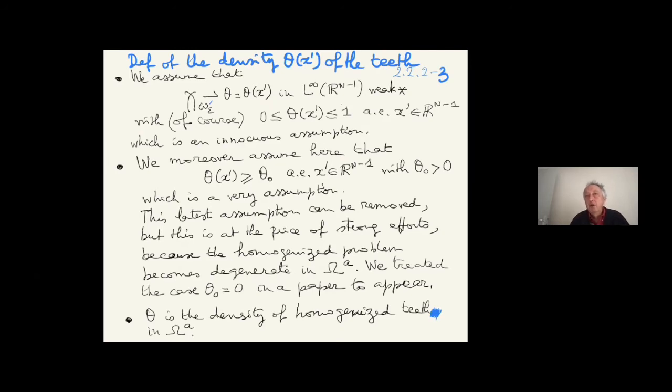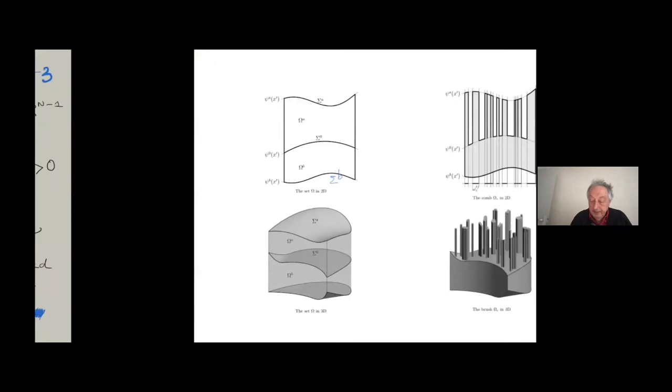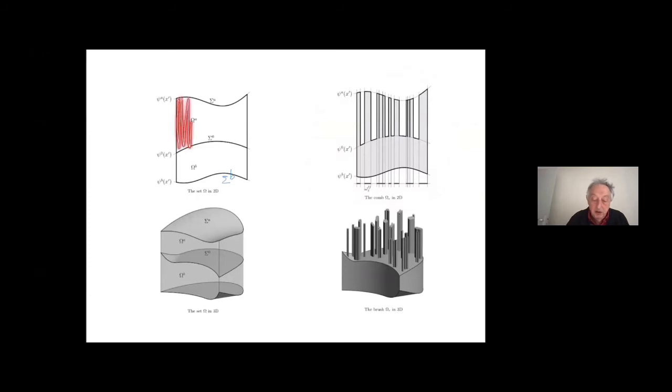There are more and more teeth, but they are smaller and smaller because epsilon tends to 0. Due to that, at the limit, there is not a picture like that, where every tooth is characterized, but a density in the set omega^epsilon at the limit. And this density is theta, which is between 0 and 1.